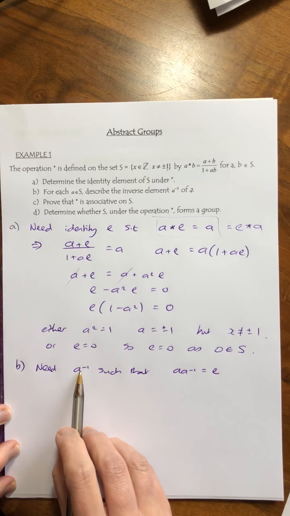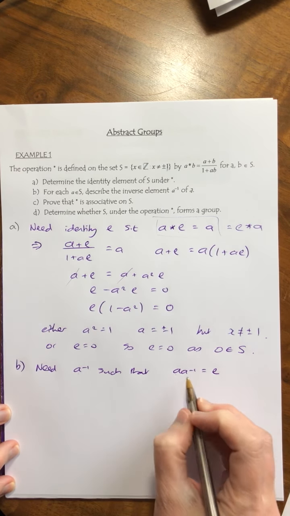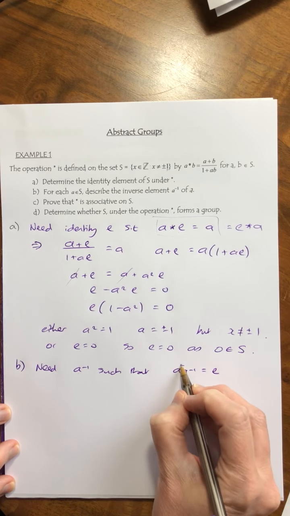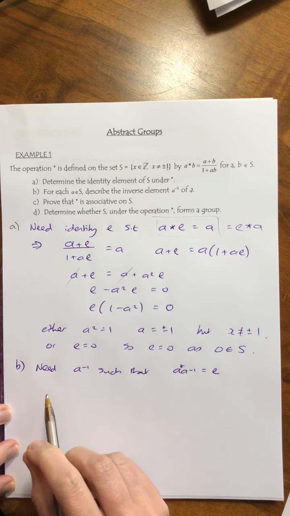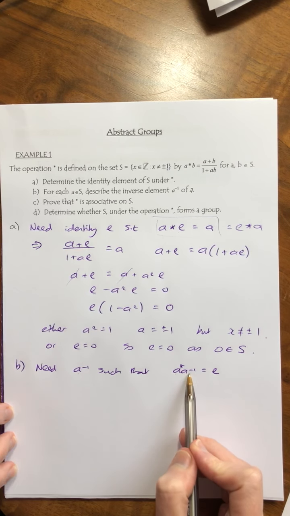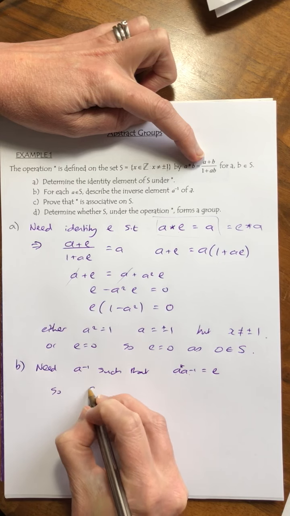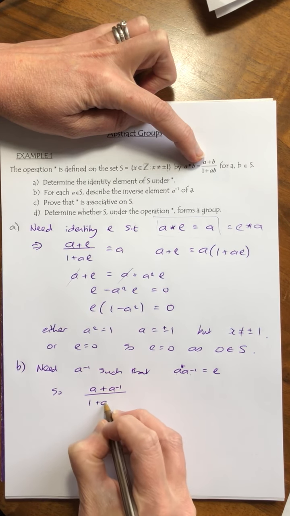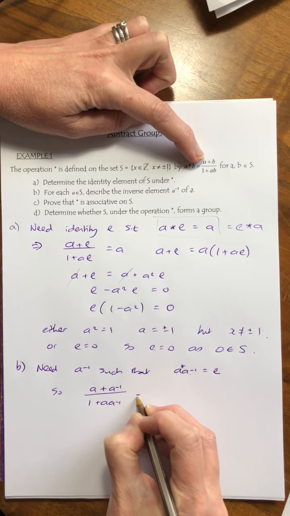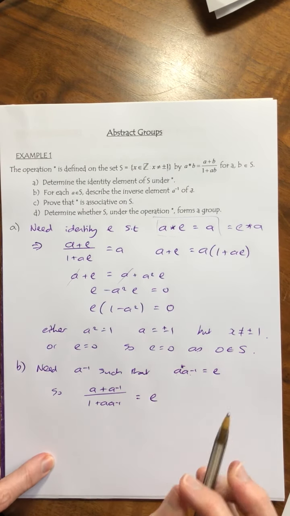is to say, right, I need an element A inverse such that A star A inverse is equal to E. So you put A and A inverse into that equation there. So we've got A together with A inverse over 1 plus A times A inverse. We want that to equal E. And E, in fact, we've worked out is 0.